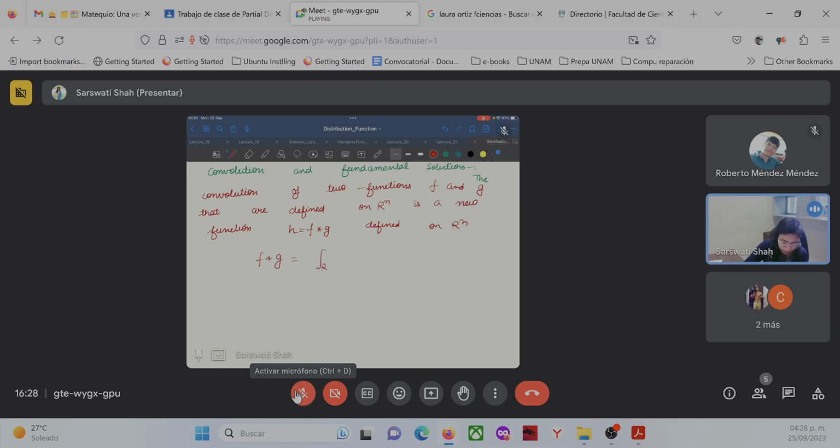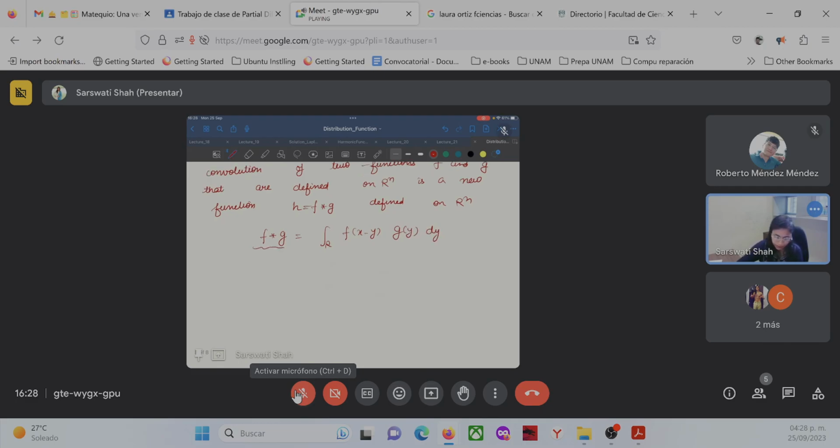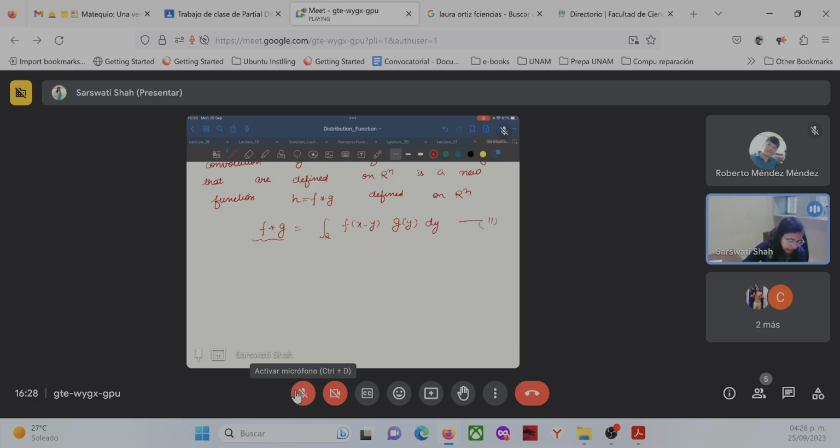The convolution of two functions is the integral of f of x minus y, g of y dy. This is the convolution product. So this is your equation number 11.